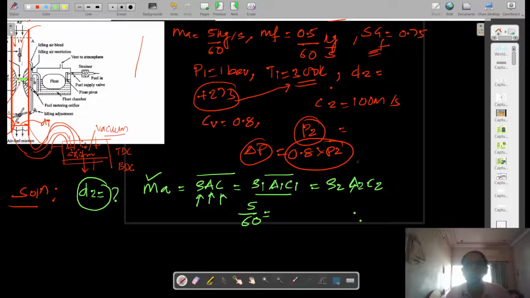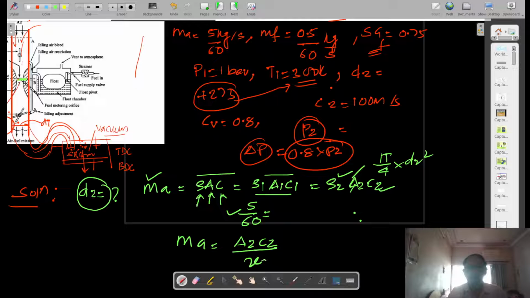How I get D2 over here is that I find pi by 4 into D2 squared, and if I know the value of rho 2 and the value of C2, I can calculate the value of D2. So rho 2 has to be calculated. I rewrite this equation as A2 C2, and 1 upon rho 2 is the specific volume V2.